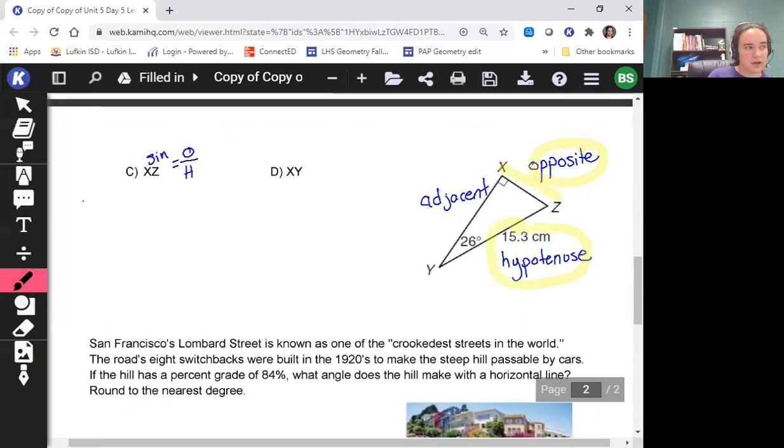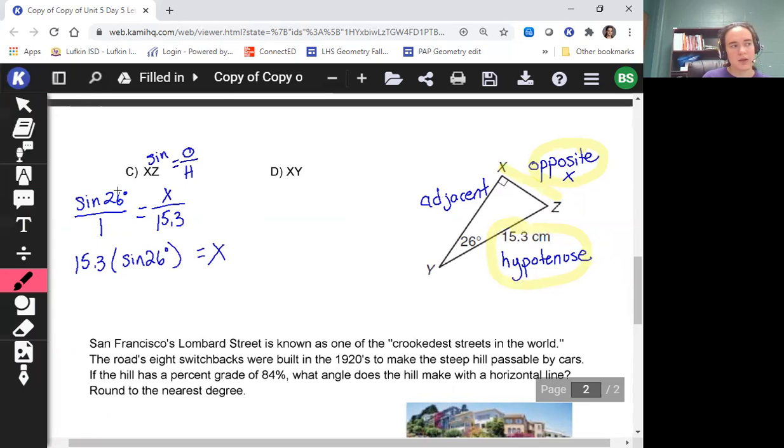So we're going to take the sine of our angle measure, so sine of 26 degrees over 1 equals our opposite, which is what we're looking for, so that's x, over our hypotenuse, 15.3. Again, we're going to cross multiply, so 15.3 times sine of 26 degrees equals x. So x is by itself. We're going to type that into our calculator, 15.3 times sine of 26 degrees.